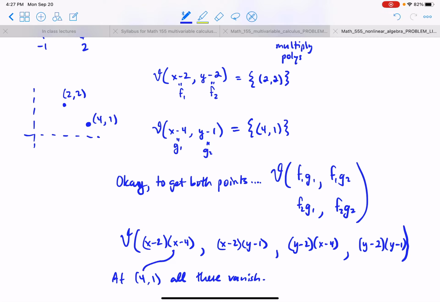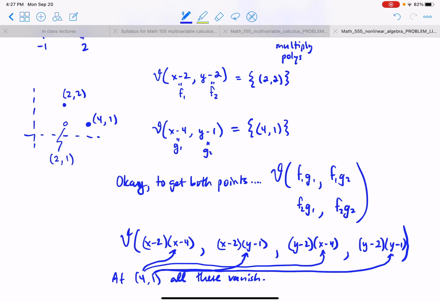Because the 4 goes there, and the 4 goes there, but then the 1 makes it vanish there and there. And so it works. 4, 1 is in this vanishing set of these 4 polynomials. And similarly, so is 2, 2. And importantly, the point right here, which is the point 2, 1, is not.